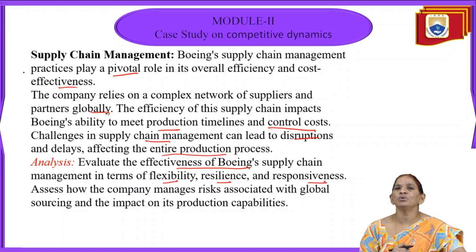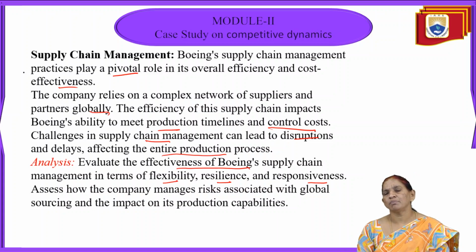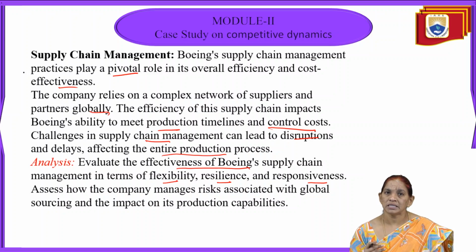Means effective supply chain management can be achieved by providing flexibility, means adopting changes from suppliers or enhancing the number of suppliers, faster deliveries and getting quick responsiveness, and rectifying some aspects.